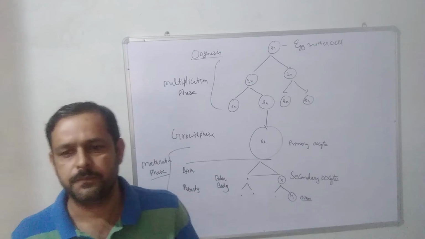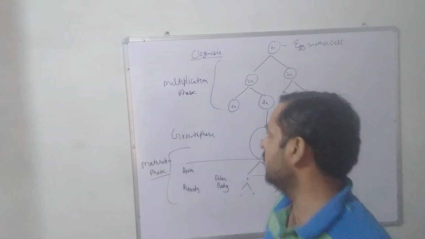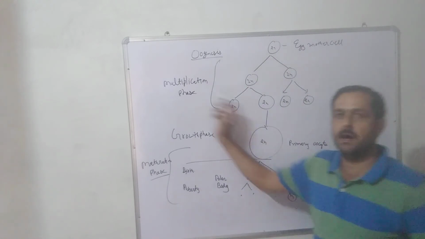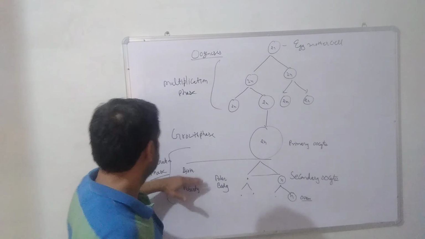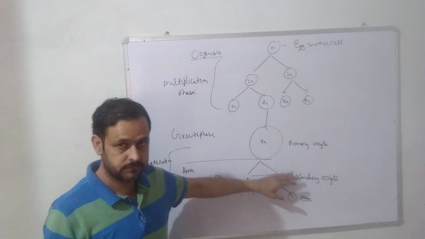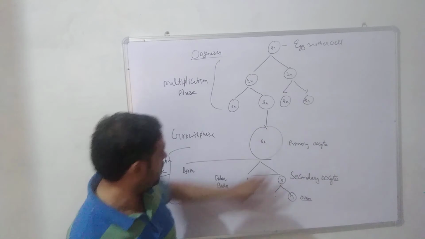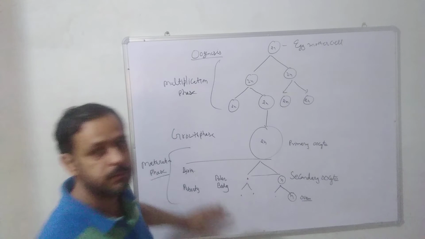Oogonia are neither formed nor added after birth; this process happens before the birth of the female child. You have to remember birth and puberty: after birth the growth phase starts, and then the meiosis happens after puberty.